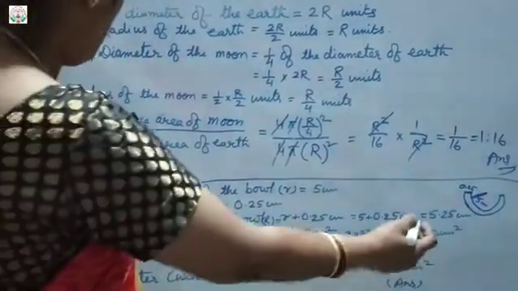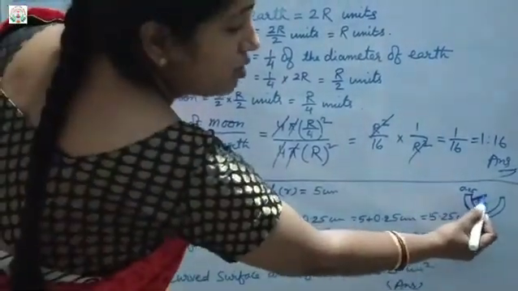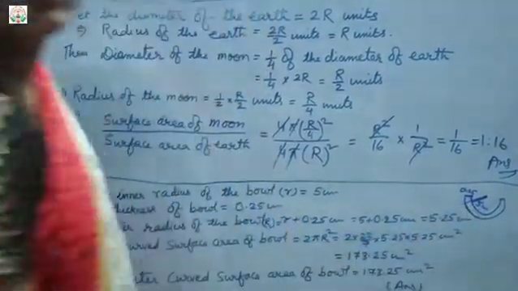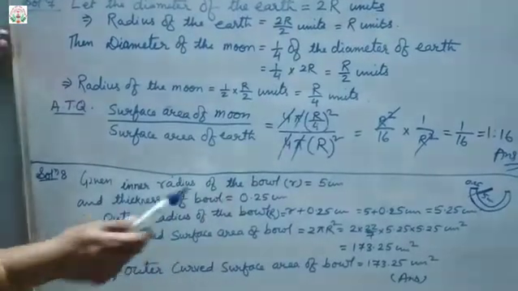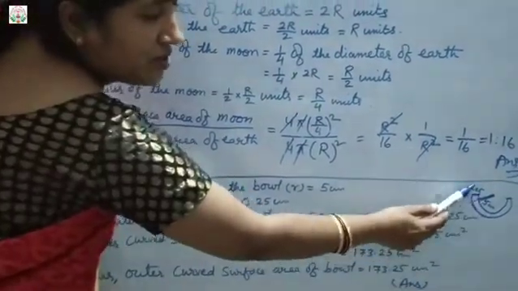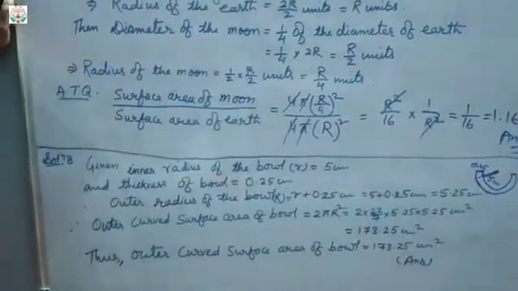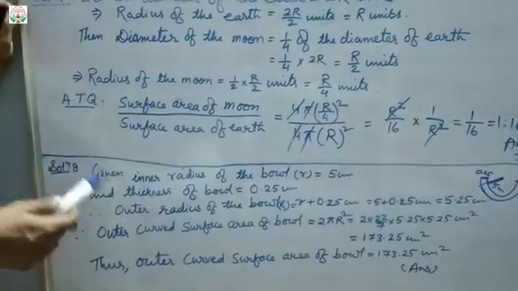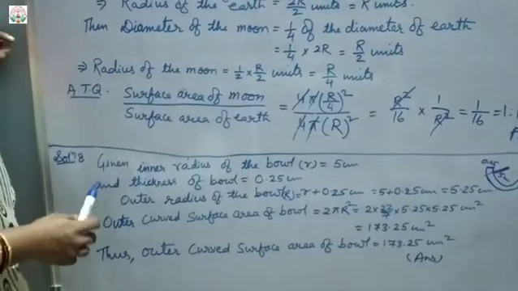Now what will be the outer radius? Means this one. We have to add 5 plus thickness. 5 plus 0.25 will give the radius of the outer ball. So now let us see what is given in the question.